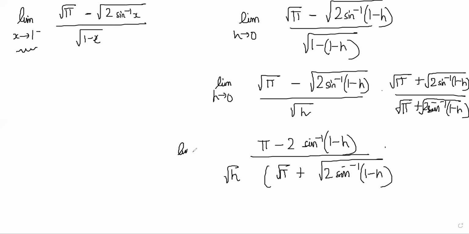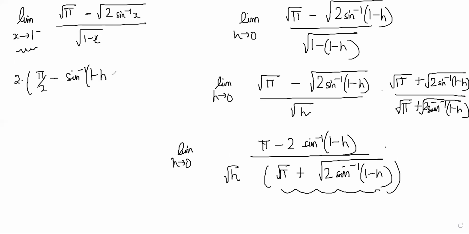And now it will be obvious because I will take the root h. This part, notice, is not tending to 0. So I just have to solve the top part. I will take 2 common, so it will become pi by 2 minus sine inverse 1 minus h, which is cos inverse 1 minus h.